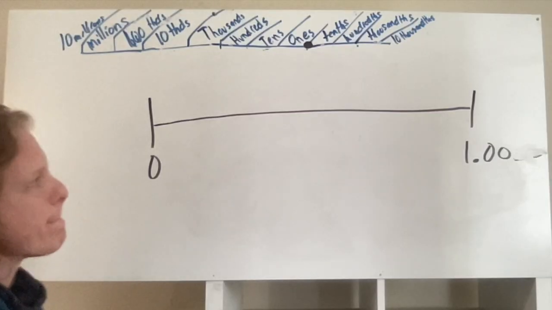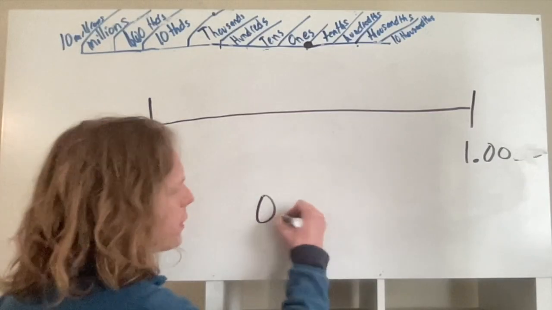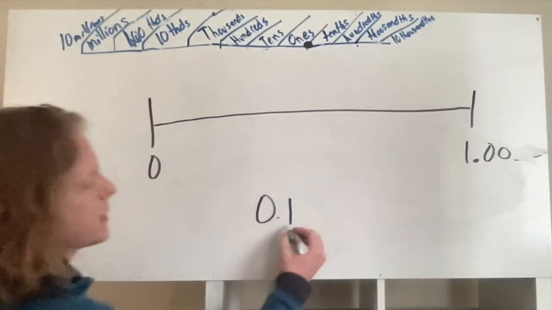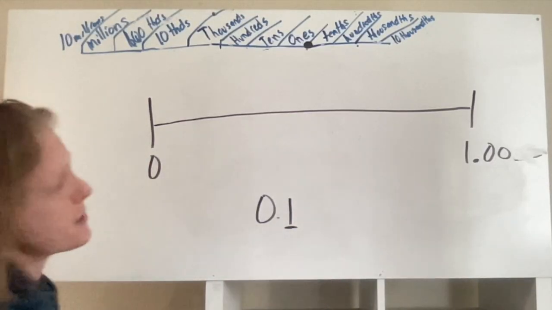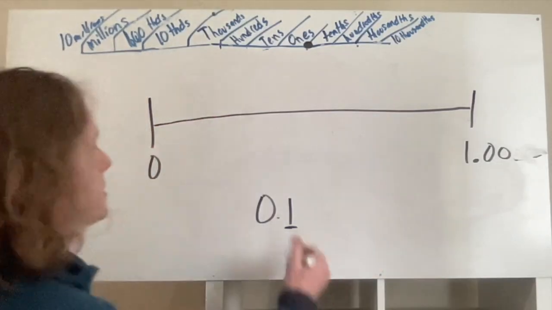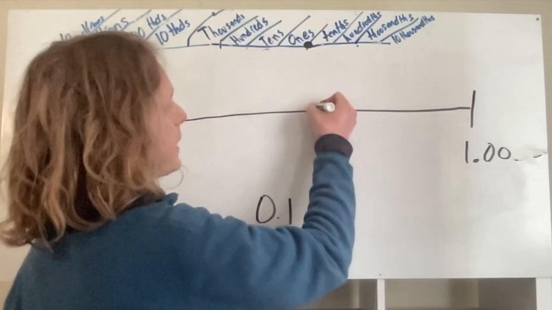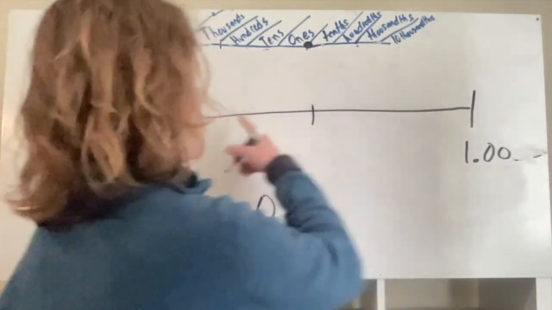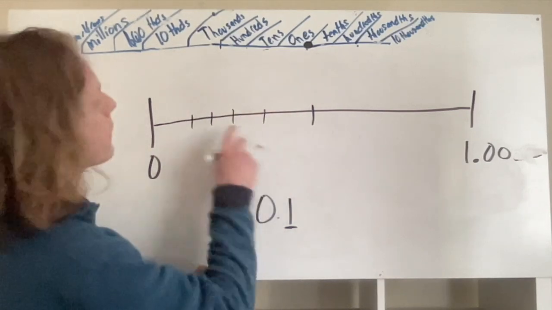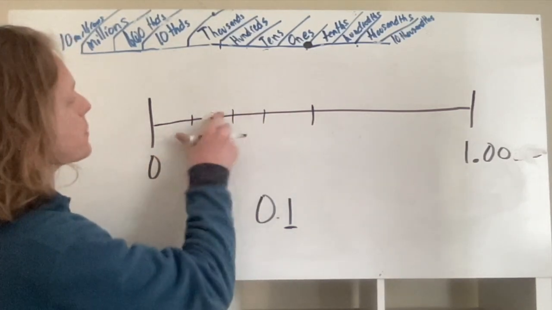So let's think about where 1/10 would go on this number line. Well, when I'm dealing with tenths, that means I'm breaking every one whole into 10 pieces. So let's cut it in half, and then I have to break each of these into 5 pieces. I could do much better than that in terms of evenness.